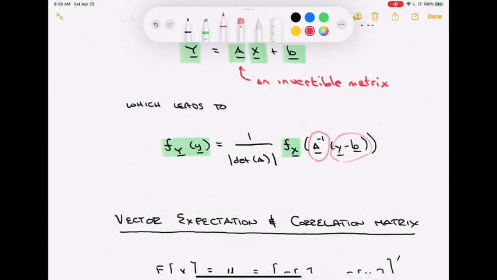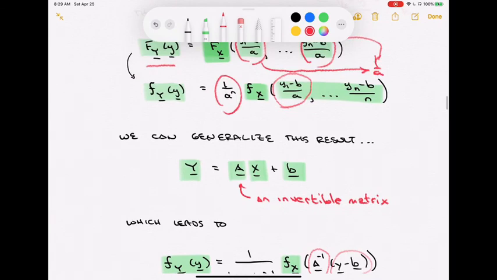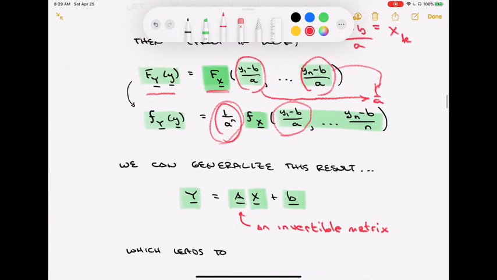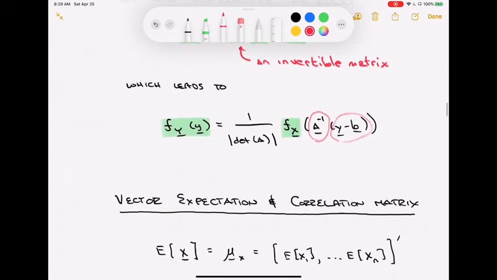This is all vector operations. You wouldn't divide by a matrix, so the appropriate operation here is going to be a matrix inverse. And this 1 by a out front that came out of the differentiation of the CDF that we had ends up giving us a term that's related, and this is just going to be 1 over the determinant of A in absolute value.